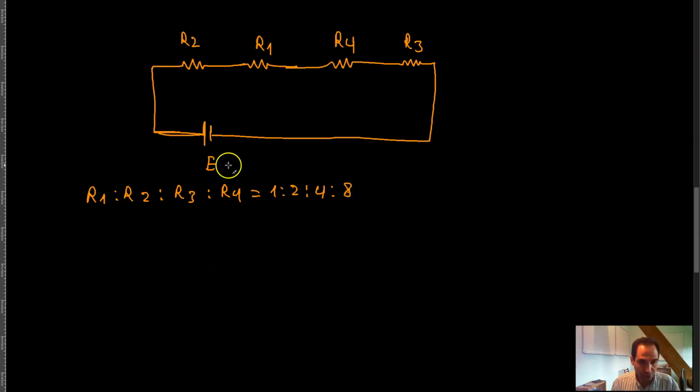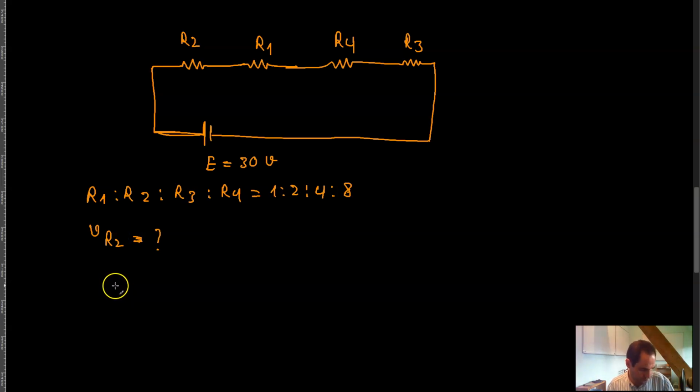And let's say that your supply voltage is 30 volts. Now what is the voltage E2 here, or the V of R2 basically?